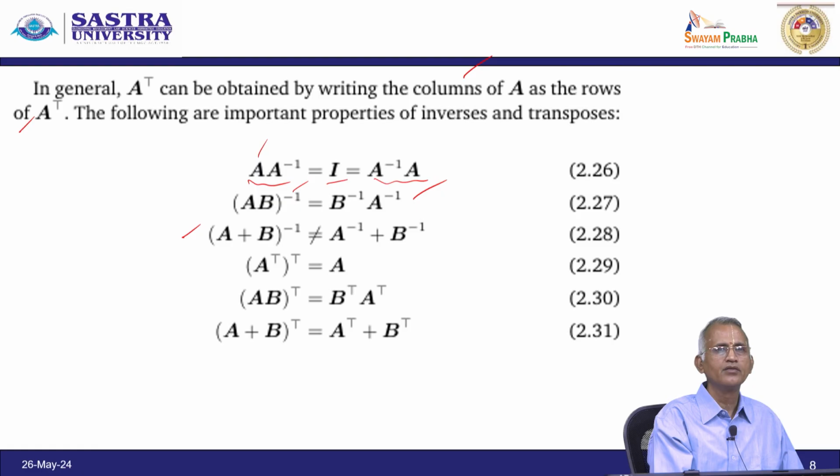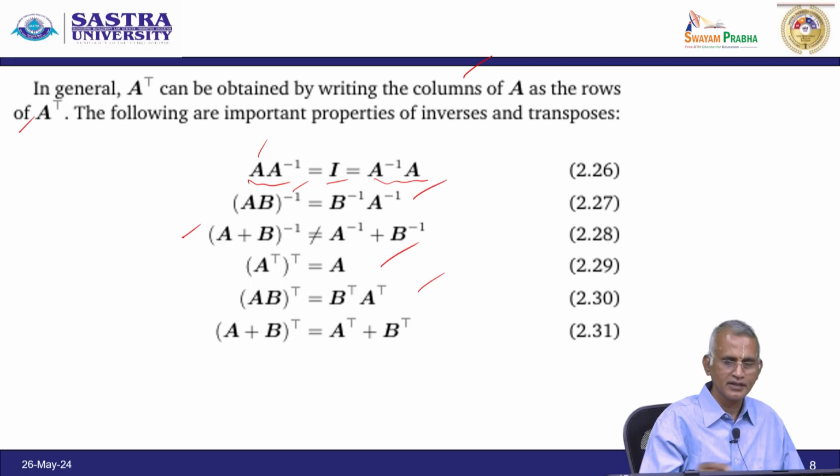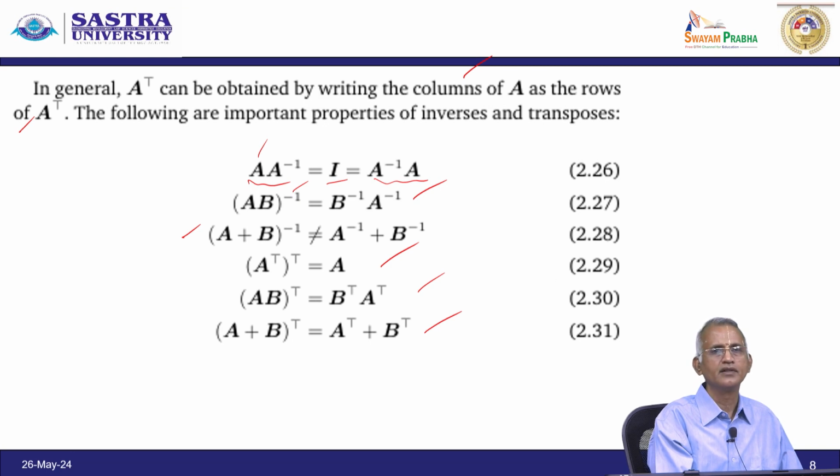And then 2.29 says that if you take a matrix A and take the transpose of the transpose, A transpose the whole transpose is A. Next, AB whole transpose is nothing but B transpose into A transpose, and the transpose of a sum of two matrices can be split into the sum of their transposes. So, that is also true.